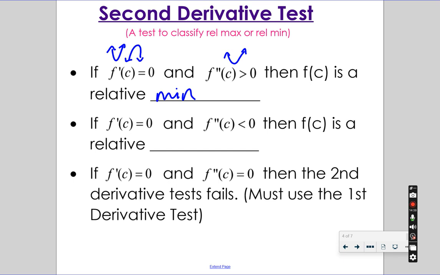So if f prime of c equals 0, I know it's one of these two, and f double prime of c is less than 0, is that concave up or concave down? Down. That means it looks like this. That means I have a relative max. And if we get 0 for the first and second derivative, then the second derivative test fails. You have to use the first derivative.